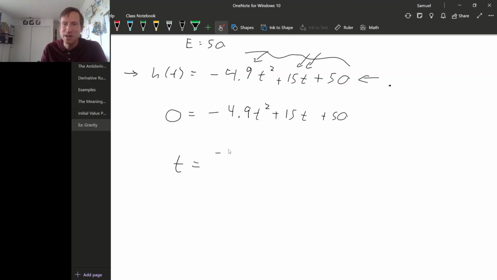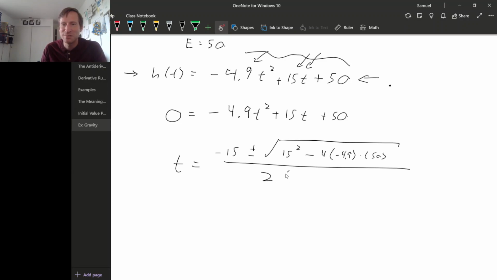So t is minus 15 plus or minus the square root of 15 squared minus 4 times negative 4.9 times 50, all over 2 times negative 4.9.